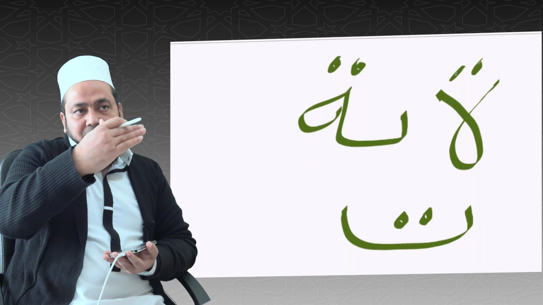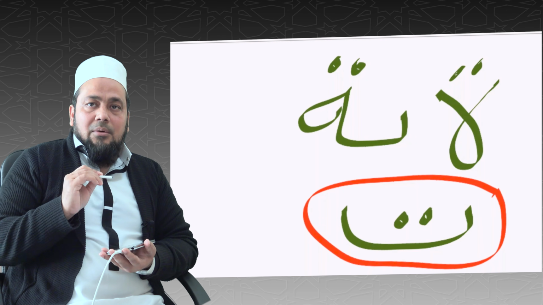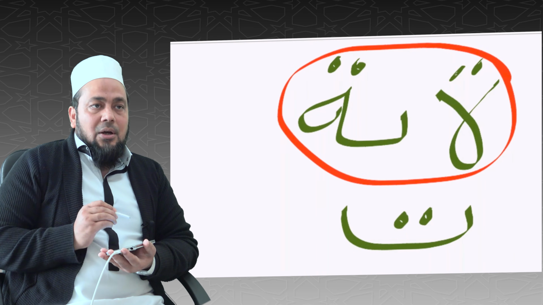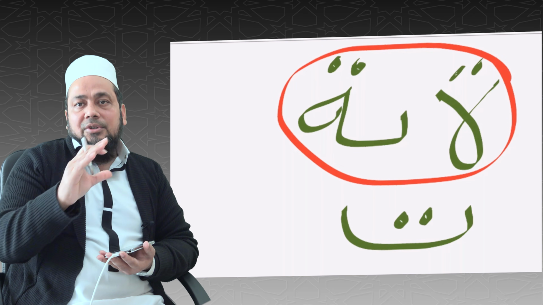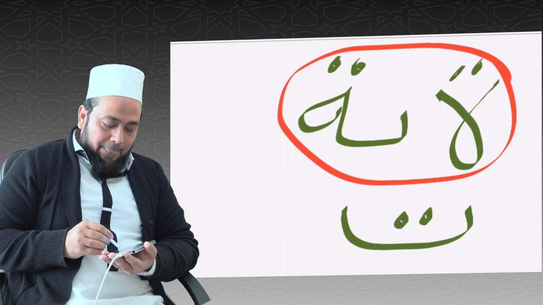There are differences between these two types of Ta. This Ta is called Ta'u Majrura, and this Ta is called Ta'u Marbota. Inshallah, I will explain more details about these two types of Ta when we go to the advanced level, inshallah.